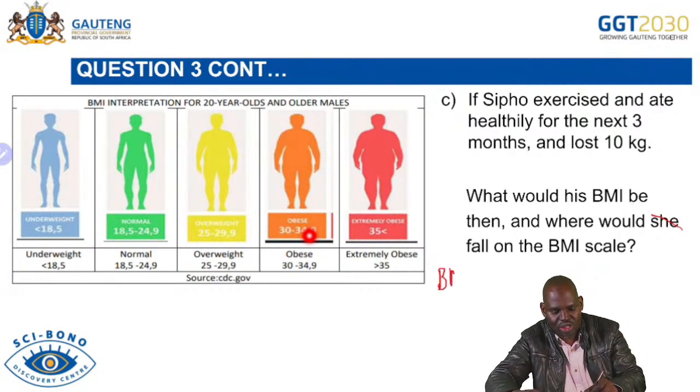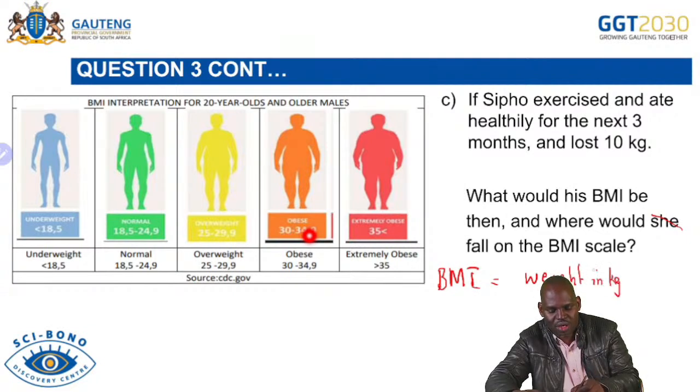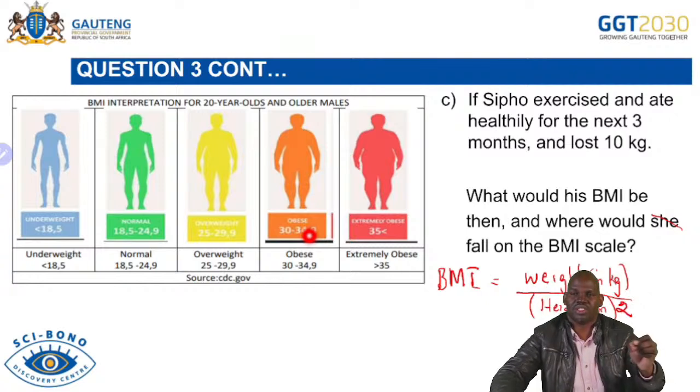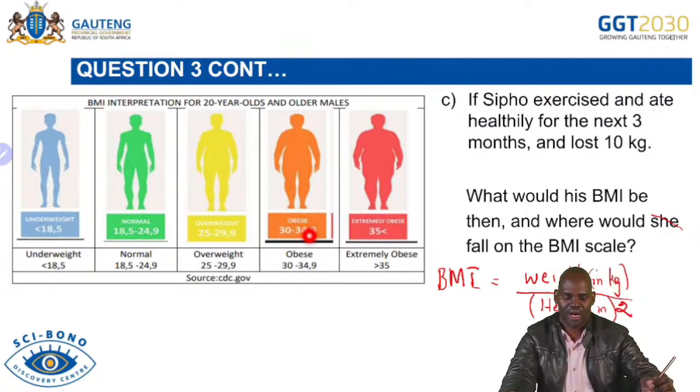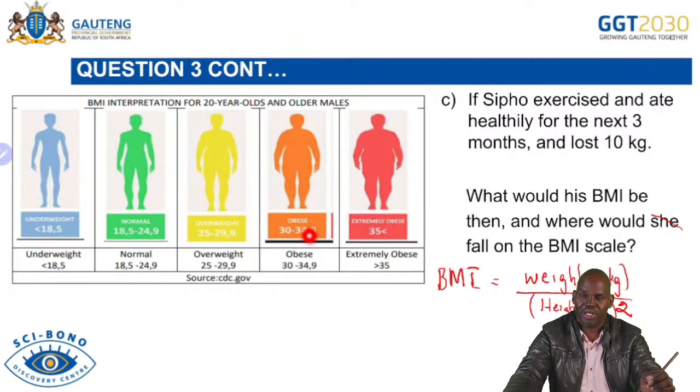The formula for calculating BMI, remember boys and girls, is weight in kilograms over height in meters, and that must be squared. You don't have to memorize the formula. The formula will be given in a test or in an examination. What is important is you should be able to do the substitution.